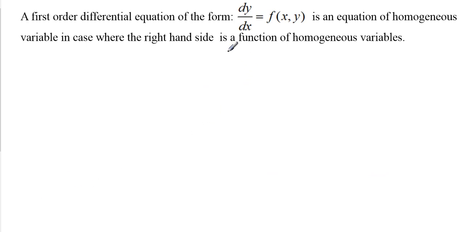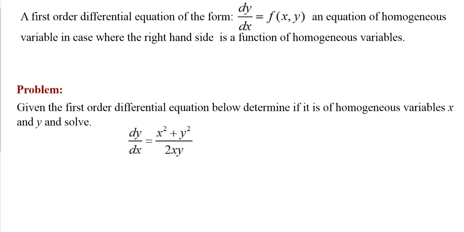Now we'll be given a first order differential equation of homogeneous variables. For example, given a problem like this, we have to verify whether it's of homogeneous variables and then follow the approach which you're going to see soon to solve this equation.